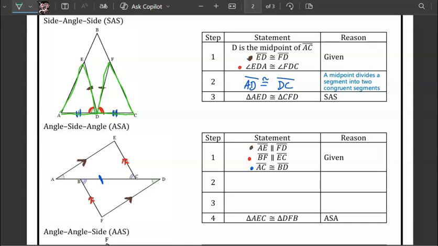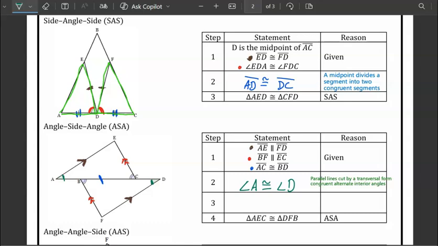For the first one, we could say that angle A is congruent to angle D because of the properties of parallel lines being cut by a transversal. And then we could prove that another set of angles are congruent, also by the parallel lines properties.